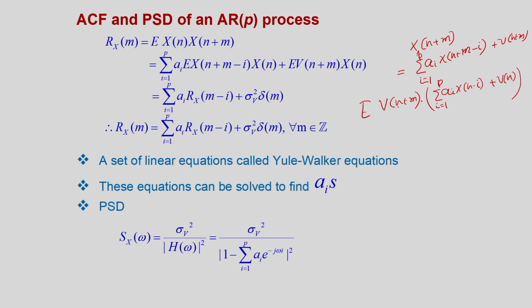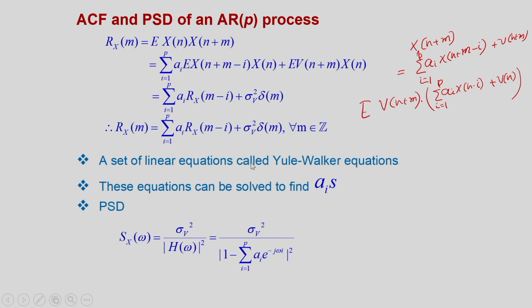Therefore, E of v[n plus m] into v[n] can be written as sigma v squared into delta[m], because when m is equal to 0 there will be a value E of v[n] into v[n], so sigma v squared will come, otherwise it will become 0. Therefore, we now have that Rx[m] is equal to the summation, i going from 1 to p, of a_i Rx[m minus i], all p previous autocorrelation values, plus sigma v squared into delta[m]. This is the equation, and it holds for all integer values of m. So, that way we get a set of linear equations in terms of the autocorrelation functions.